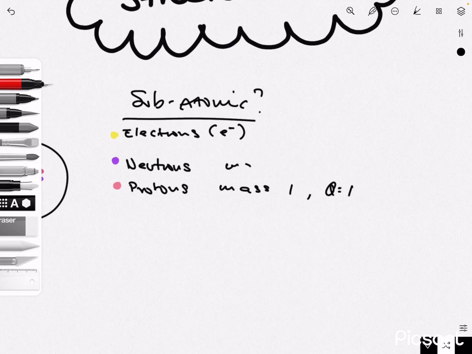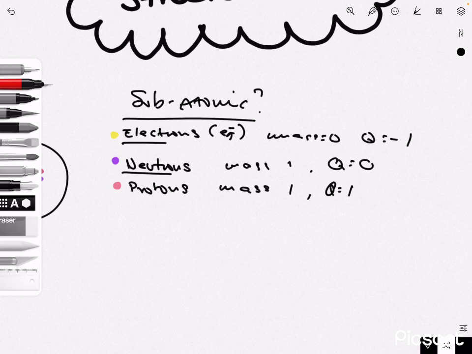Neutrons also have a mass of 1, but as they're neutrons, they have a neutral charge of 0. Electrons have a negligible mass, so we say that it's 0 because it's just such a small number. And as you can see by this negative sign, this will have a charge of -1.